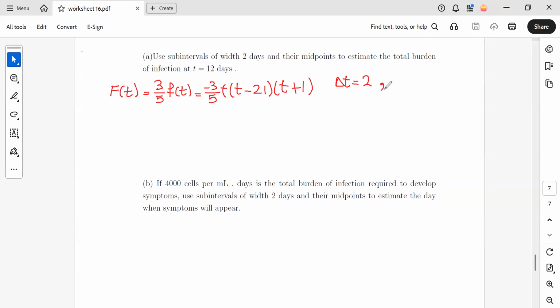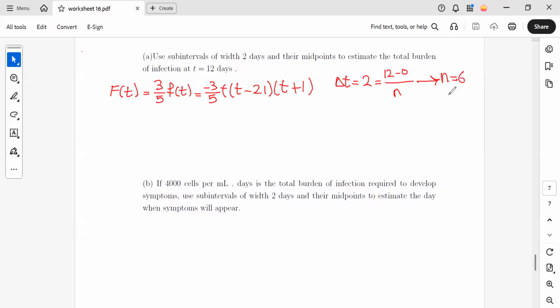When delta t is 2, and we know that delta t is equal to b minus a, which is 12 minus 0, over n, and we are going to find n. A number that 12 is divided by to get 2 is 6.